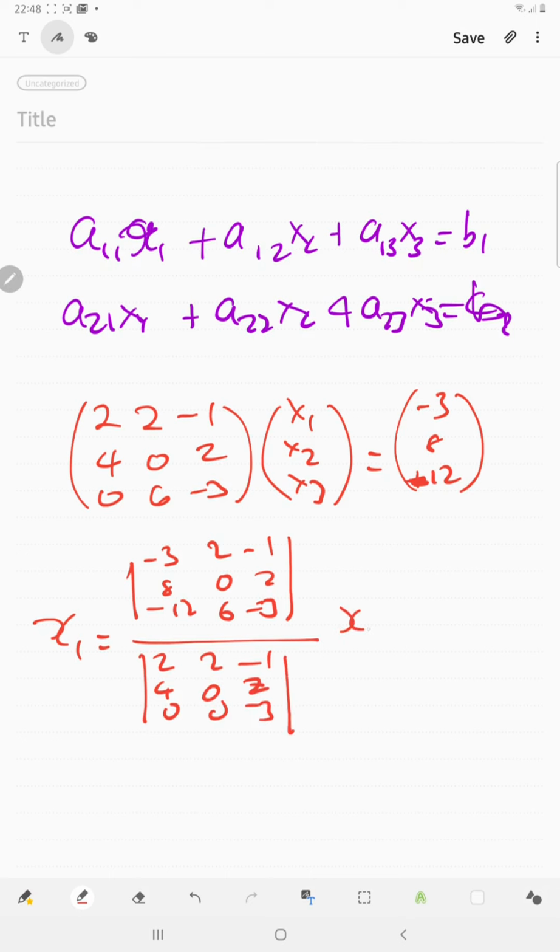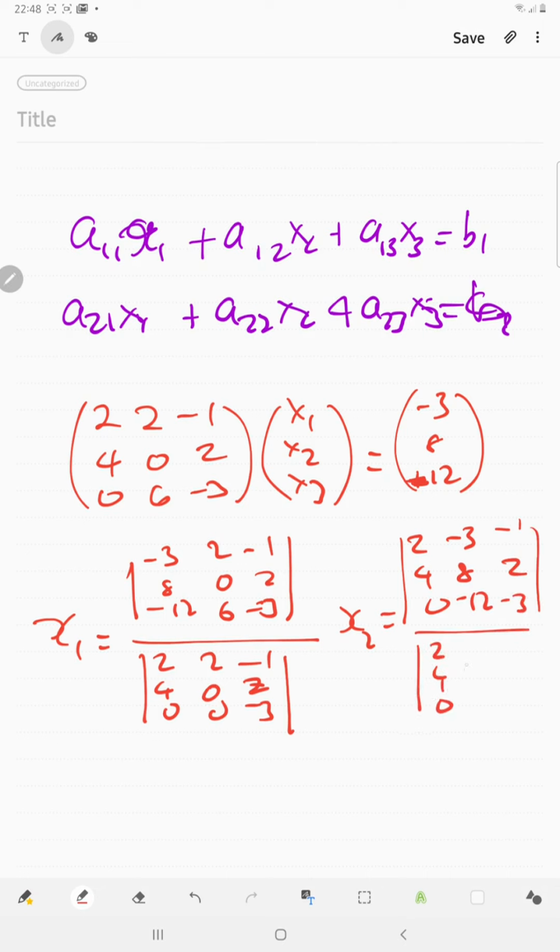And then for x2, you substitute the middle one. So you say 2, 4, 0, then -3, 8, -12, then -1, 2, -3, and you take the modulus of 2, 4, 0, 2, 0, 0, -1, 2, -3.